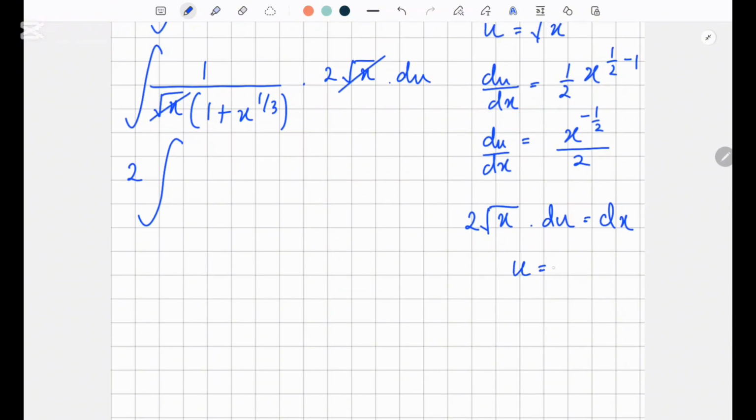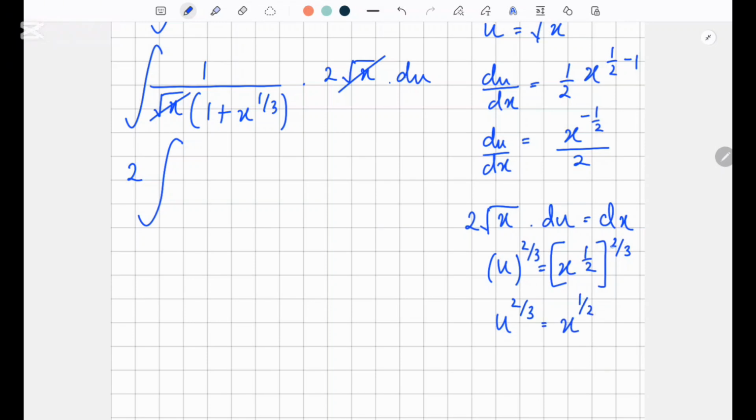So if u equals x to the power half, what's x to the power 1 over 3? To get x to the power 1 over 3, can you see that we'll have to put powers of 2 over 3 on each side. So it's u to the power 2 over 3 equals x to the power half, all to the power 2 over 3.